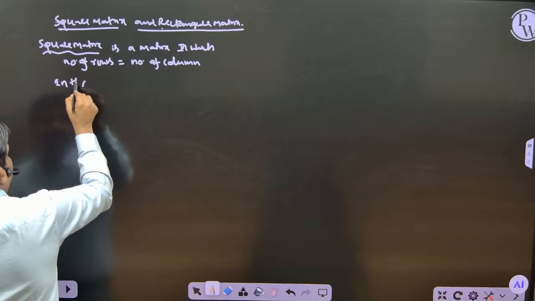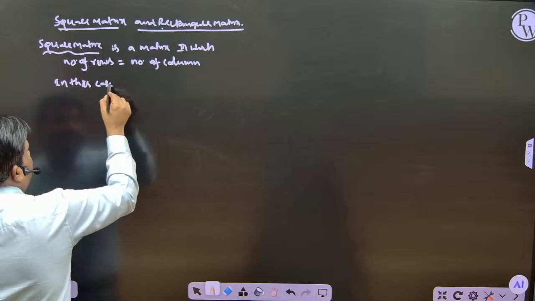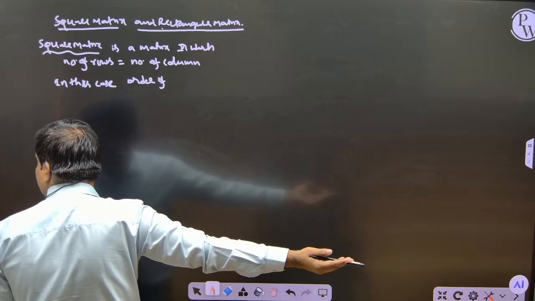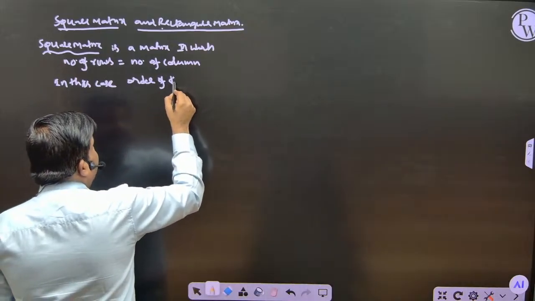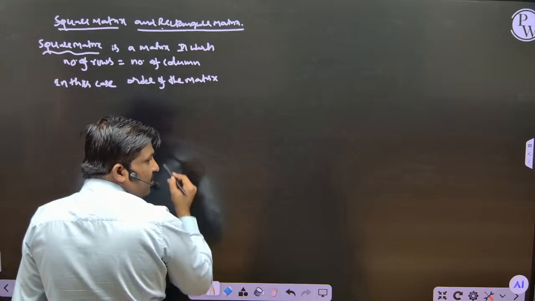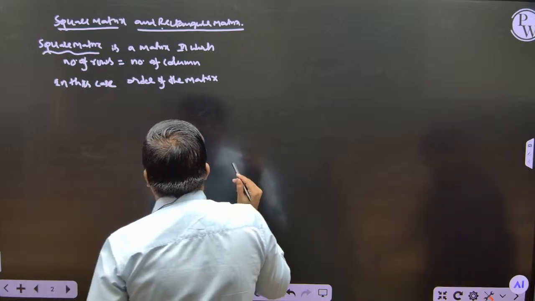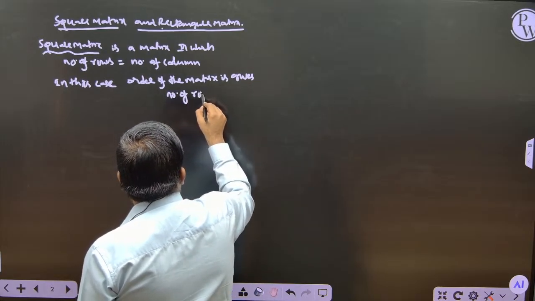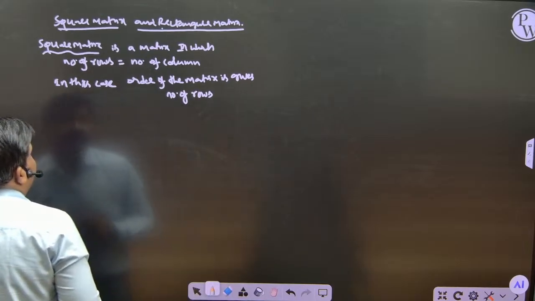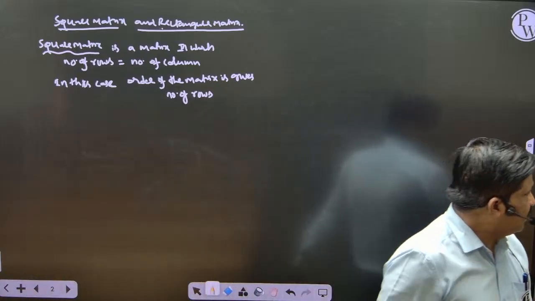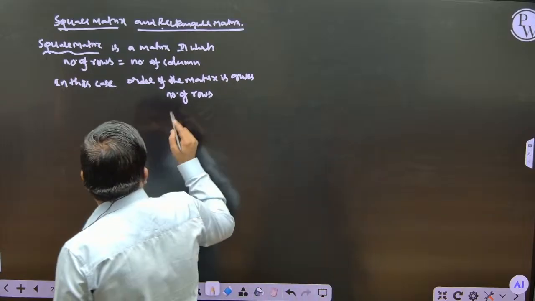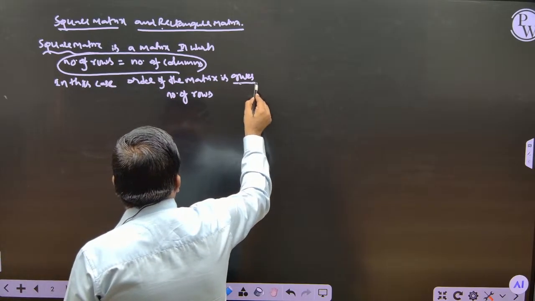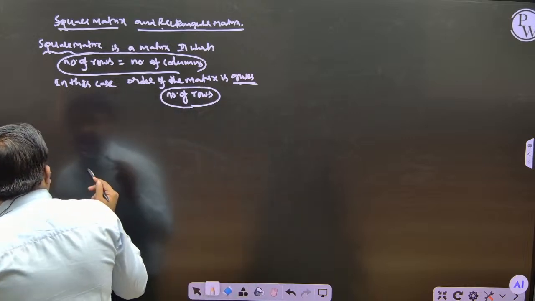In this case, the order of the matrix is given by the number of rows only.